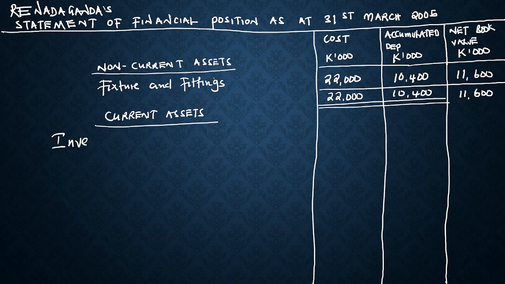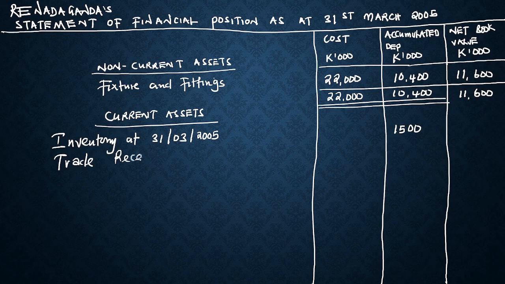Here, remember, we start with inventory. Our inventory, we found it was 1.5. Then we have our trade receivables. I think we had this value as 2.4. Now this value is going to reduce by some figures.